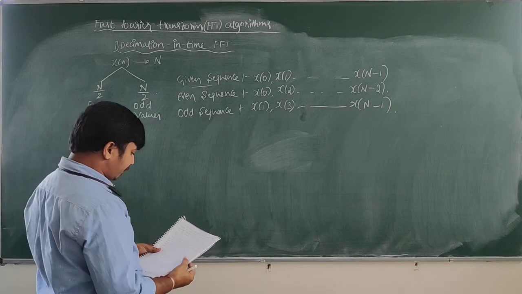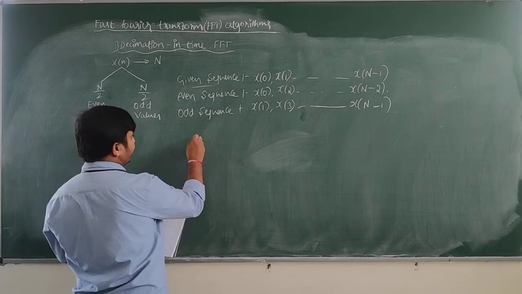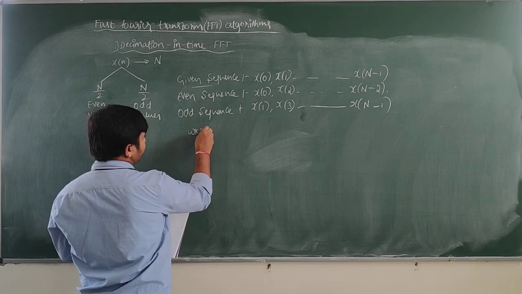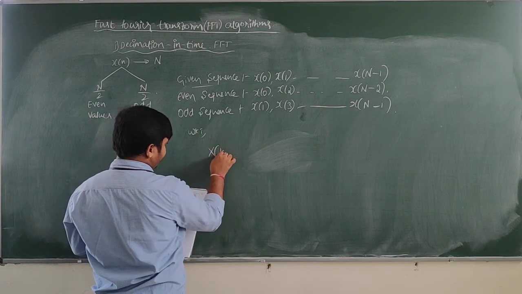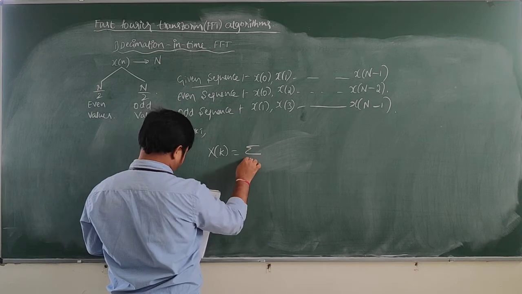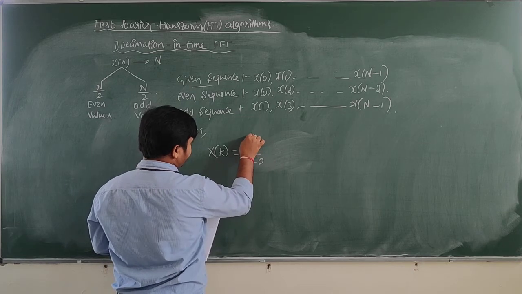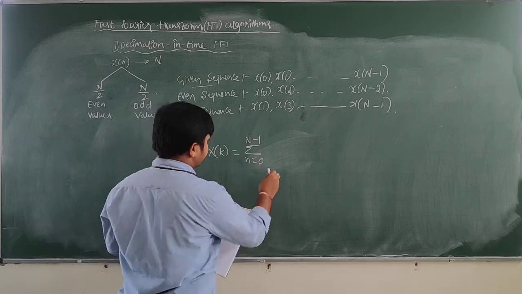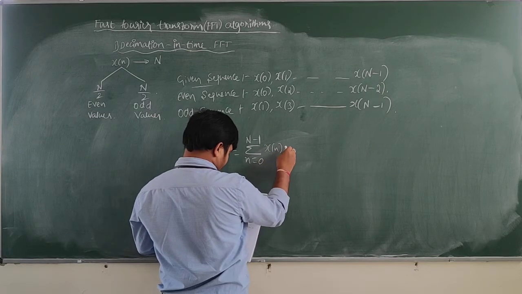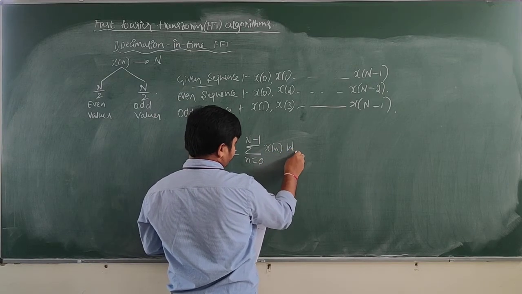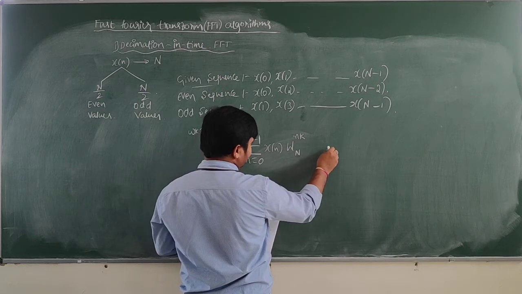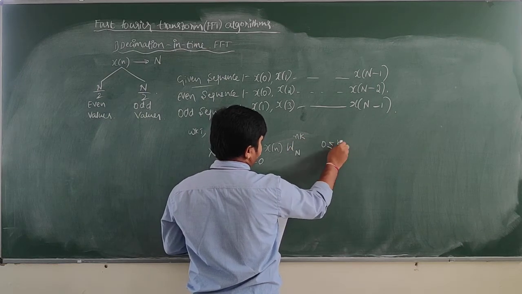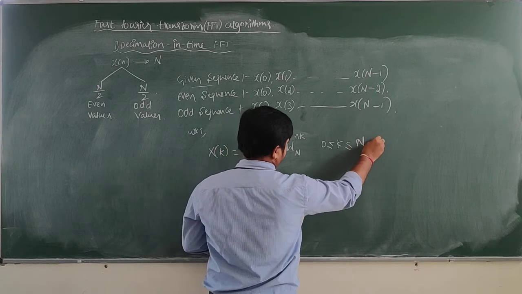We know that the DFT of an n point sequence is given by X of k equal to the summation for n equal to 0 to n minus 1 of x of n into W n power nk, for k varying from 0 to n minus 1.